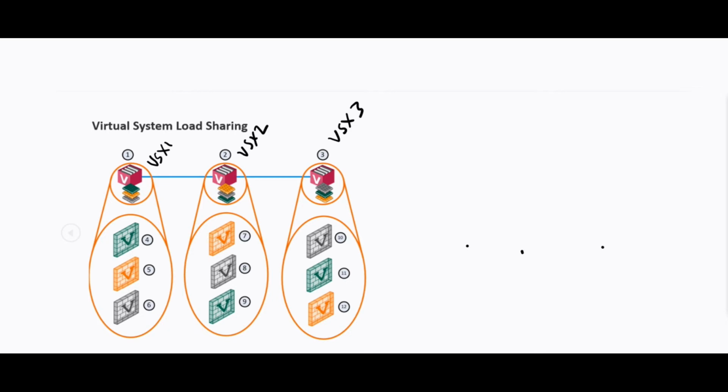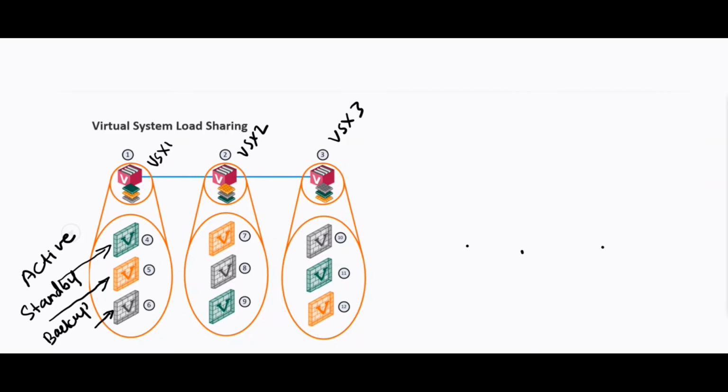The virtual system number 4, which is in a green state, we can call an active virtual system, and the virtual system which is in the amber state, we call a standby virtual system, and the virtual system which is gray in color, we call a backup virtual system.